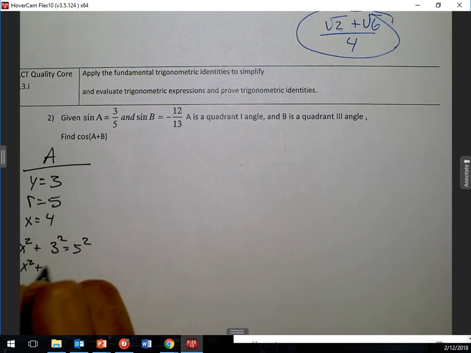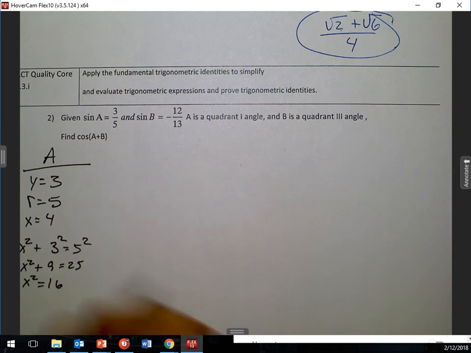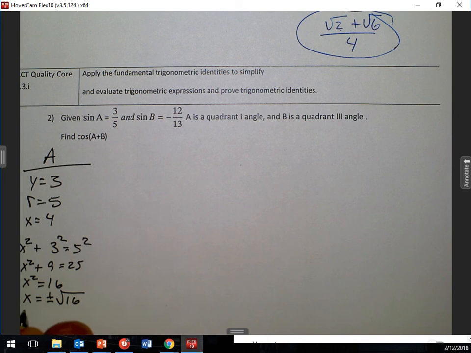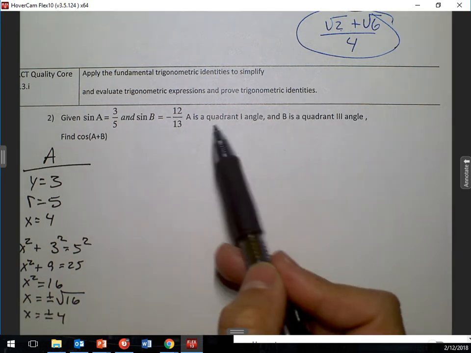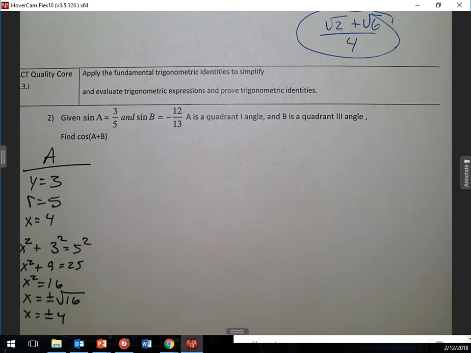X squared plus 9 equals 25. Subtract 9, X squared is 16. X equals plus or minus the square root of 16, so X equals plus or minus 4. And we said it's in quadrant 1, so it had to be positive 4 there. All right, so there's my A.